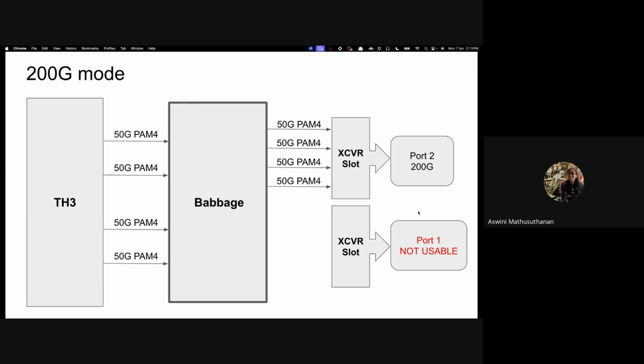We'll see how this goes unusable in the next slides. But one of the ports will go unusable. This is one such limitation: if we are operating this way, we can have just four active interfaces per pair of QSFPs.